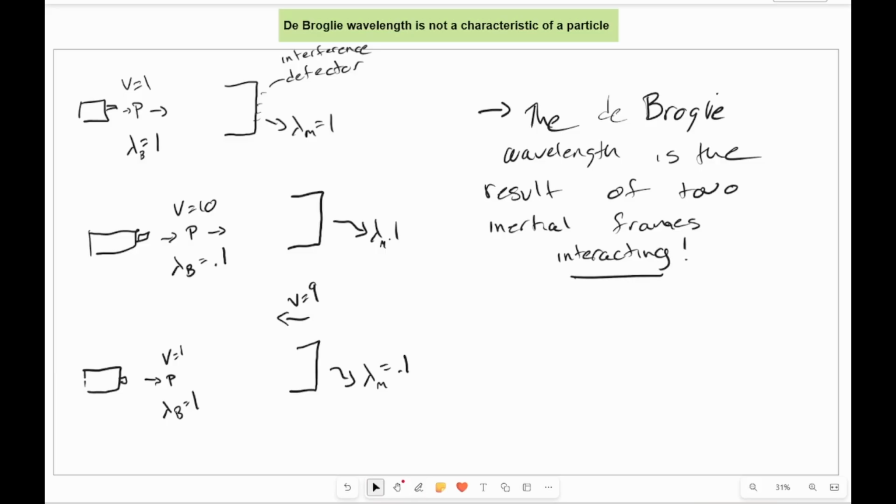It doesn't really matter what the particle was wiggling or oscillating at before, as long as it's interacting with the other frame, and it's that interaction between the two frames that creates the interference pattern that we always see.